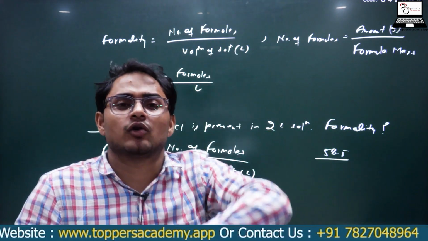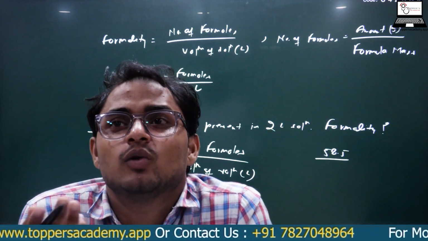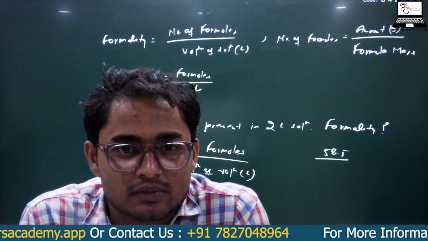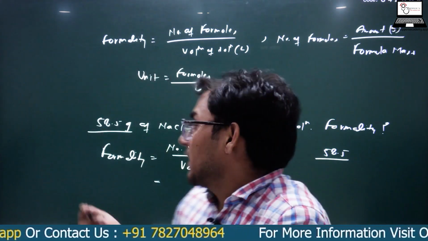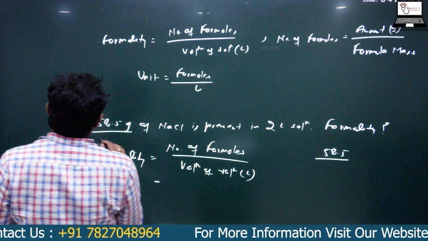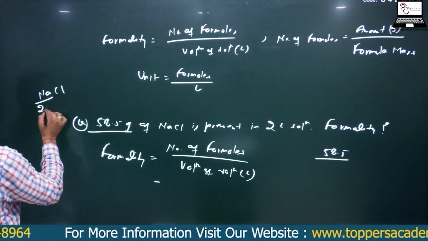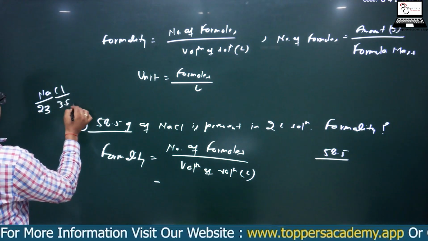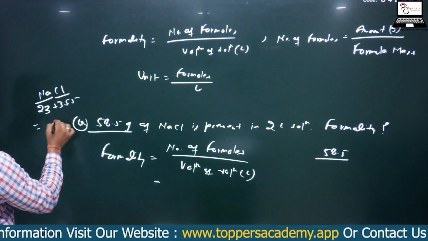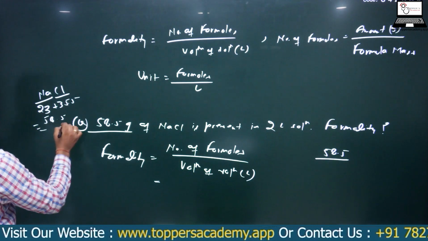What is the difference between formula mass and molecular mass? No difference. For NaCl, Na has atomic mass 23 and Cl has 35.5. You add both of these values, and it is 58.5 gram.